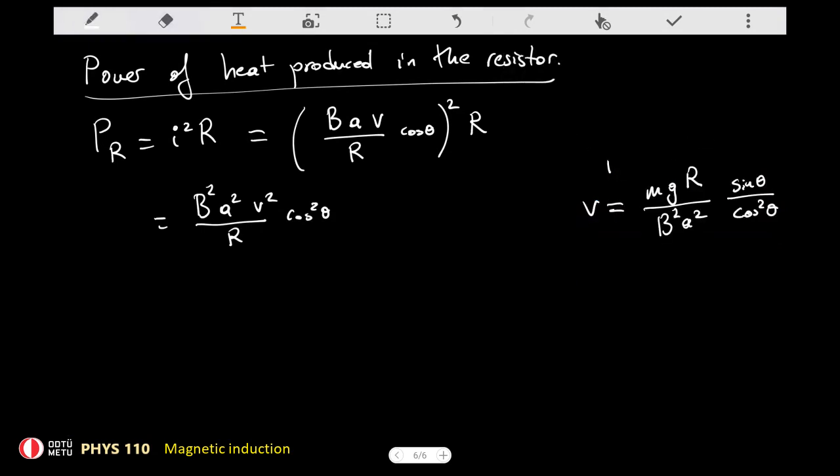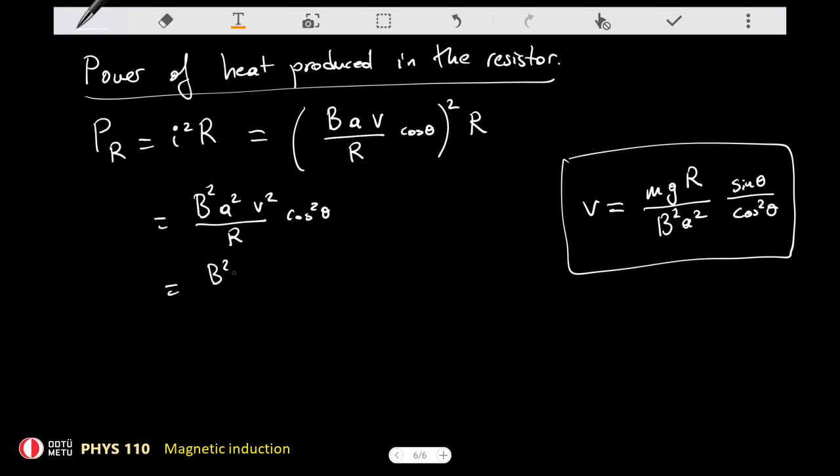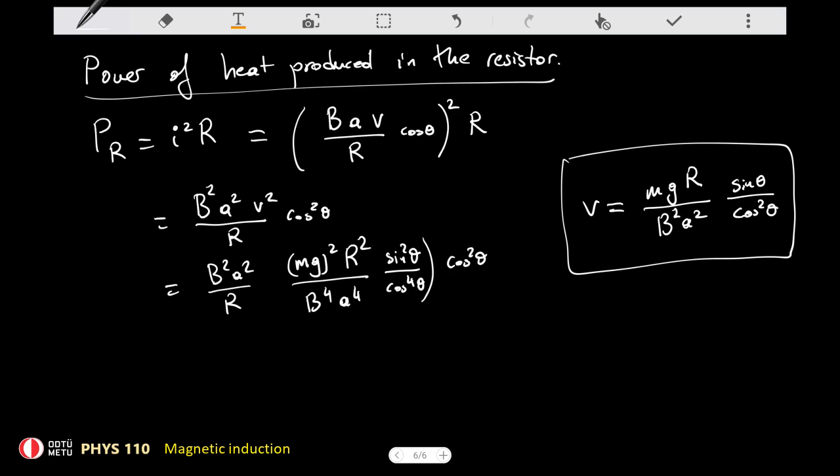So let me erase these unnecessary things. This is the terminal speed. I need to also insert this thing in here. So this is B squared A squared over R times V squared, which is mg squared R squared over B to the 4 A to the 4, sine squared theta over cosine to the 4th theta, and then cosine squared theta. That part within parentheses is the V squared, and let me check one more time if this is correct.